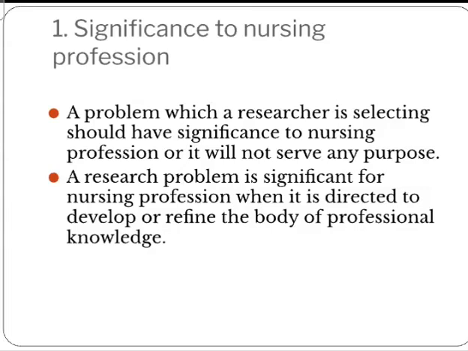In the same way, as we are doing nursing, we should make sure the research problem we have selected is applicable to the nursing profession. A problem which a researcher selects should have significance to the nursing profession, or it will not serve any purpose. So make sure the topic you select for your research is related to your nursing profession.